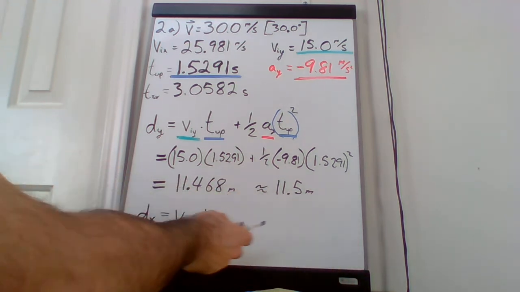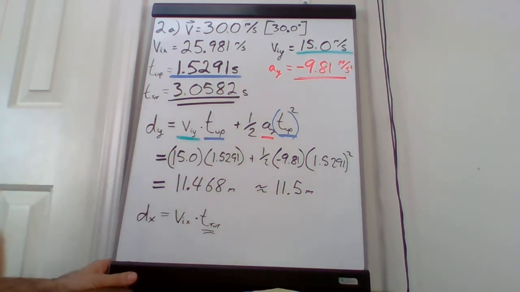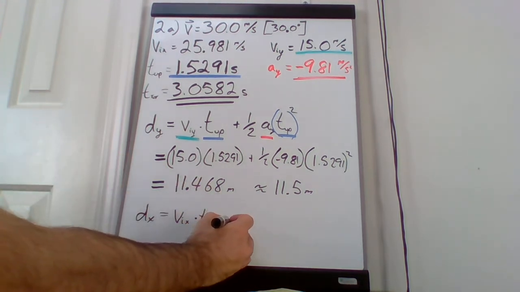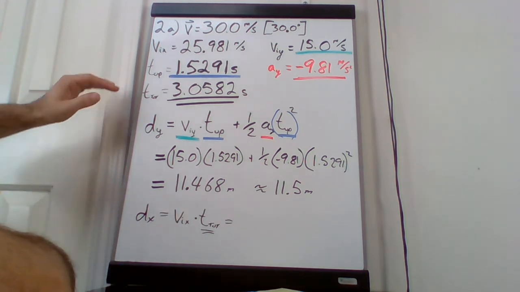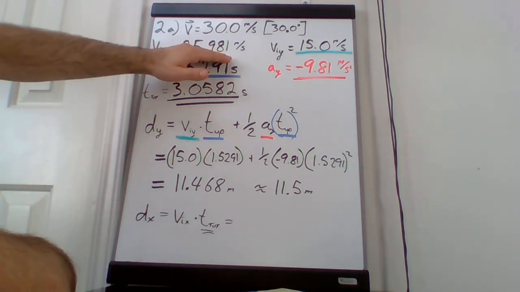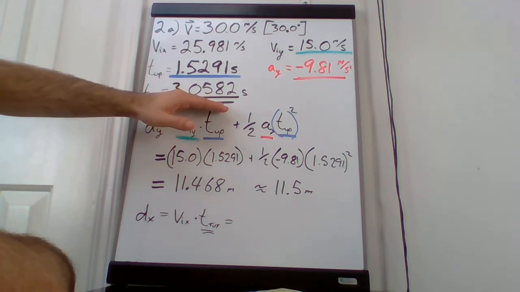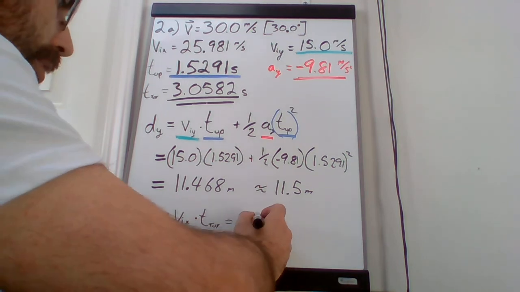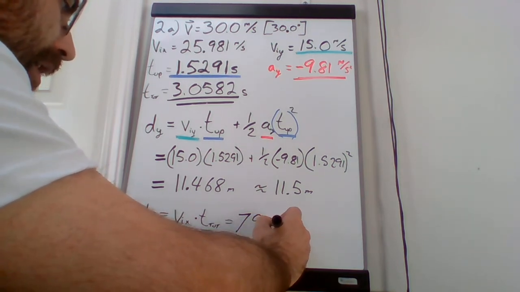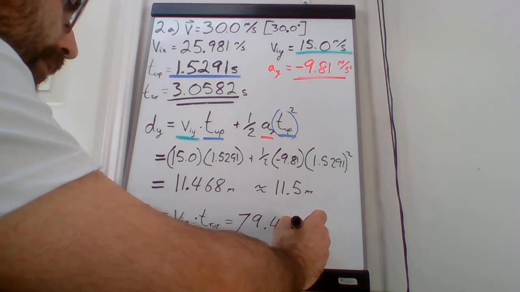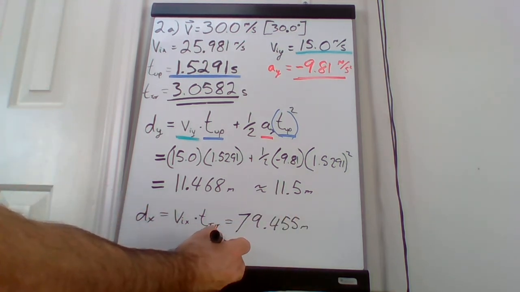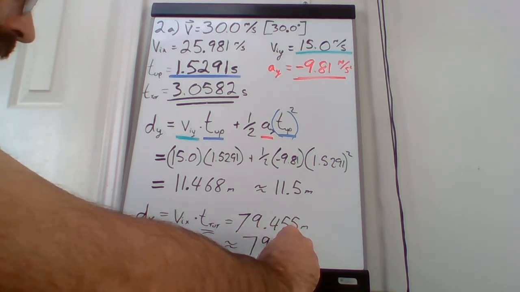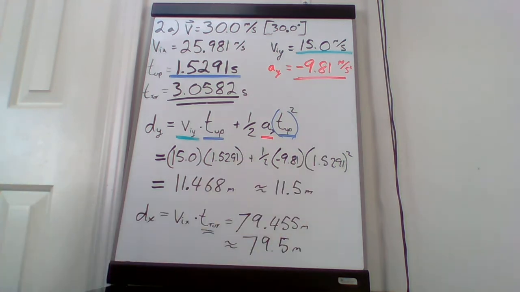It's in the air that entire time, so we need to use that total time. And so for this problem then, I'm going to use my 25.981 multiplied by my 3.0582, and that leaves me with a range or a horizontal displacement of 79.455 meters, which again we will round off to be 79.5 meters.